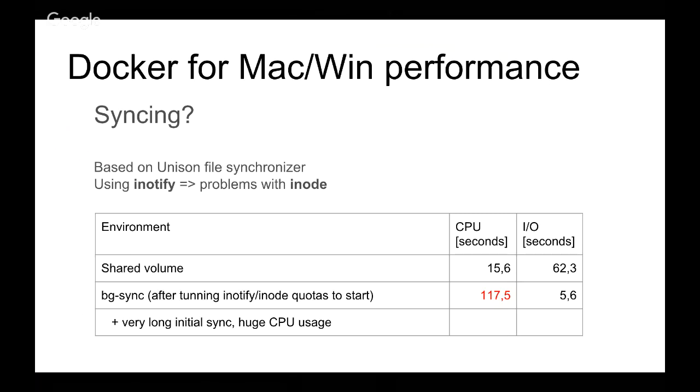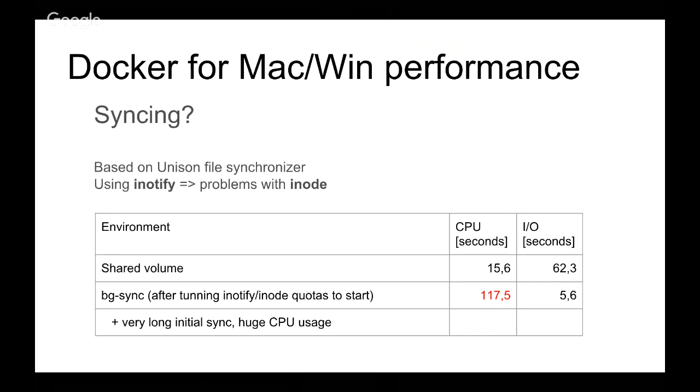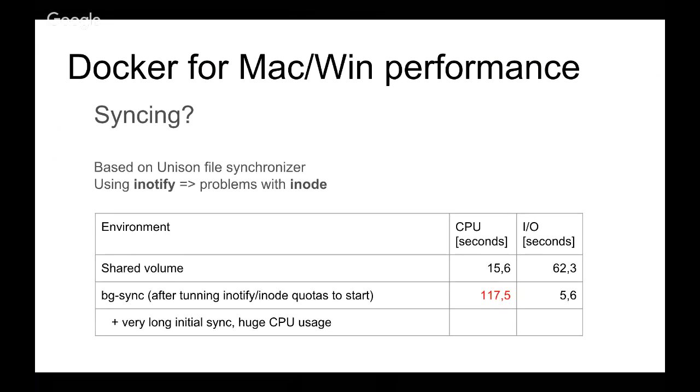But it was not better. It was much worse because we had huge CPU usage. It was because we had about 40,000 files in vendor, and almost the same was for the Node.js part of our project, which also had about 40,000 files, and this was a bottleneck for iNotify.